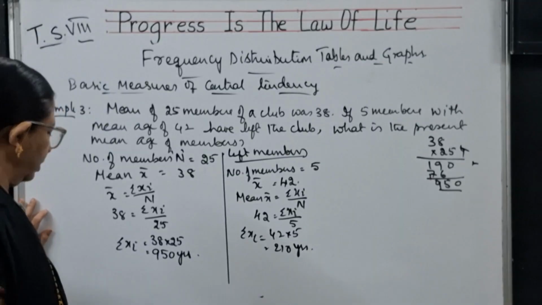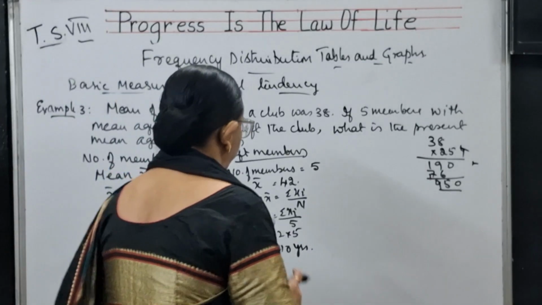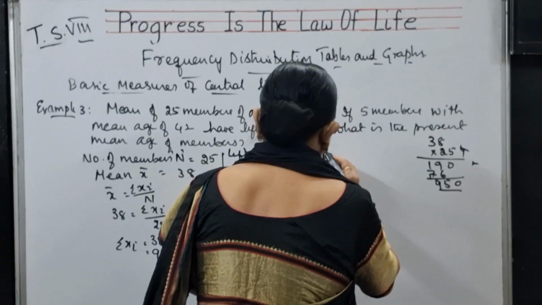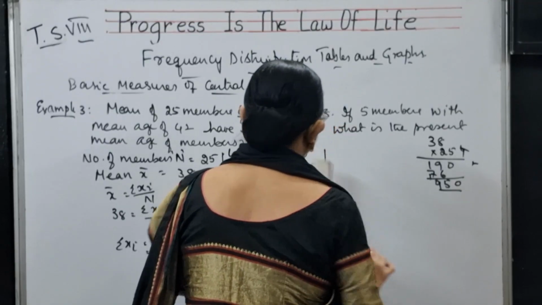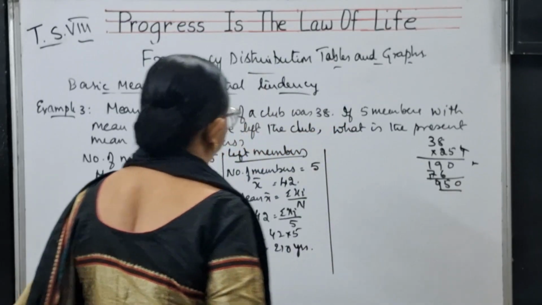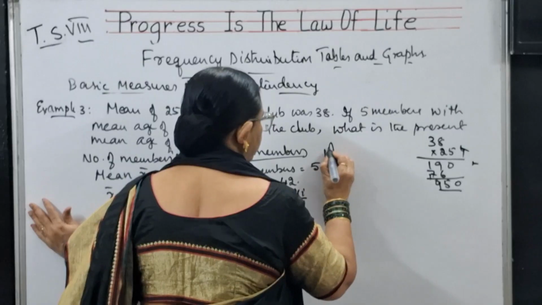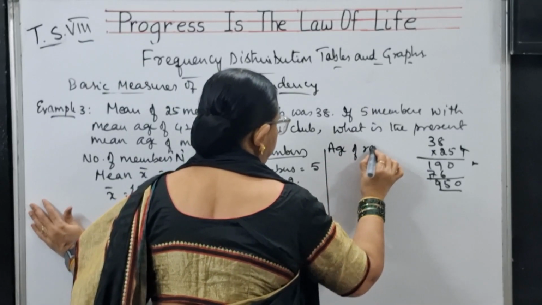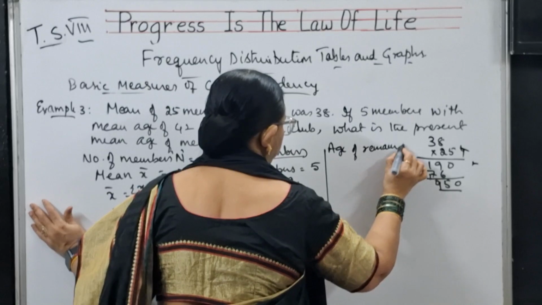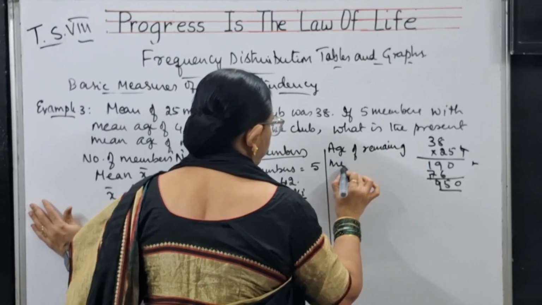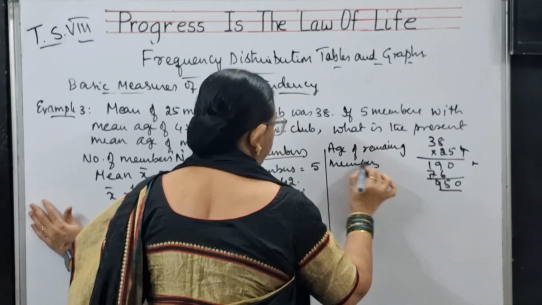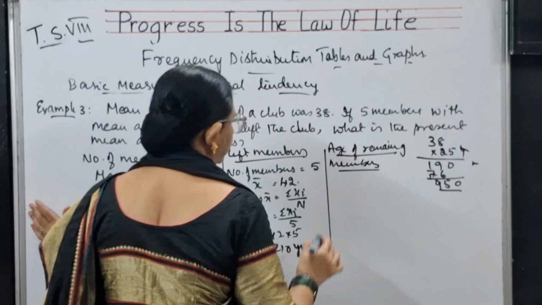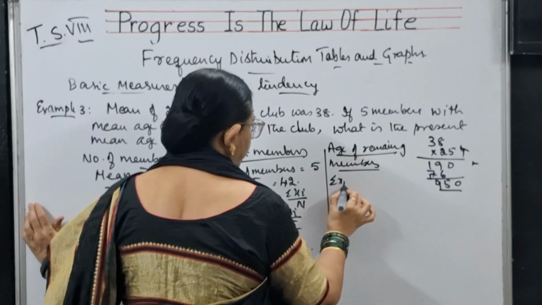So what is the age of the remaining members? This we are going to calculate. What is sigma xi?